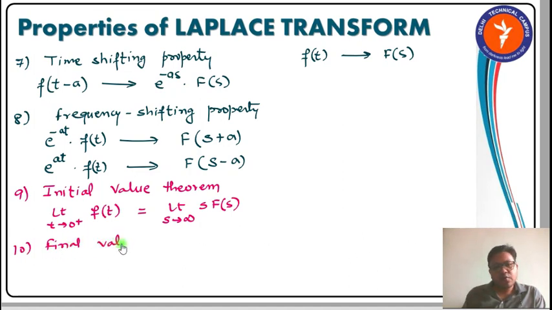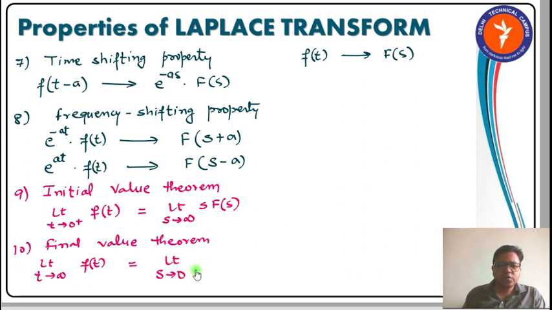Final value theorem, that is limit t tends to infinity f of t, the final value of the function at t equal to infinity, will be equal to limit s tends to 0 s F(s). Now if I solve it, I will get the final value.